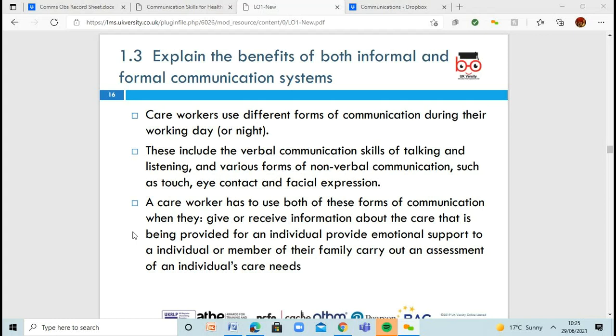Now, being a care worker or being within health and social care, it's your job to make sure that you're getting information and that you're giving information to support someone emotionally or to carry out assessments of needs or care needs and so on a daily basis. So communication is an extremely big part of what you do at work.